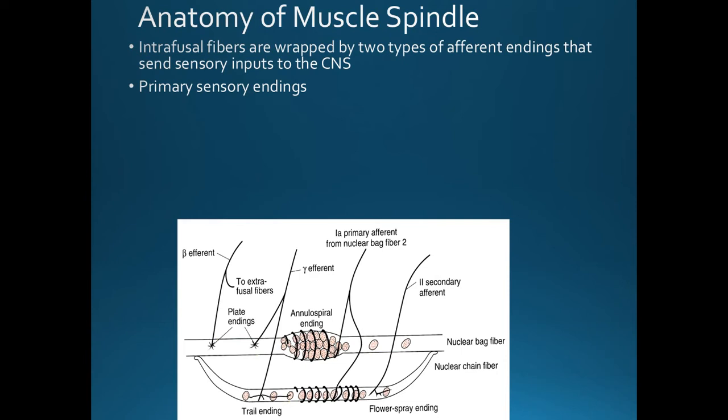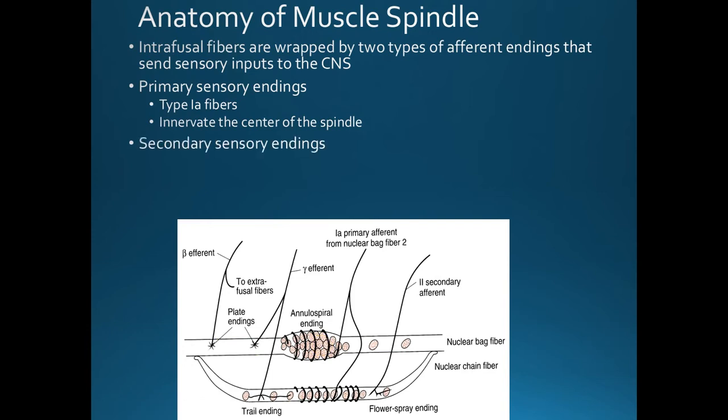One, primary sensory endings, called type Ia fibers. These Ia fibers innervate the center of the spindle, as shown.